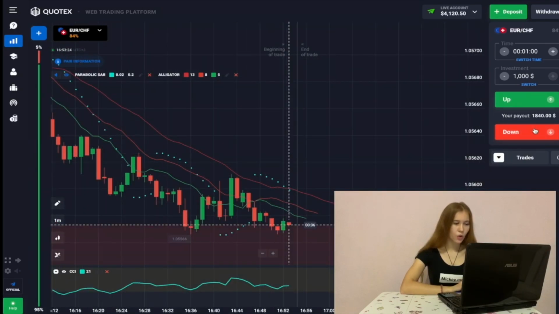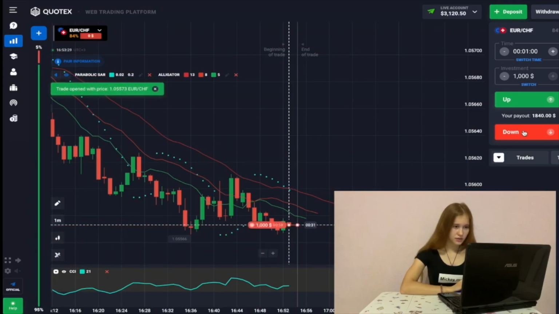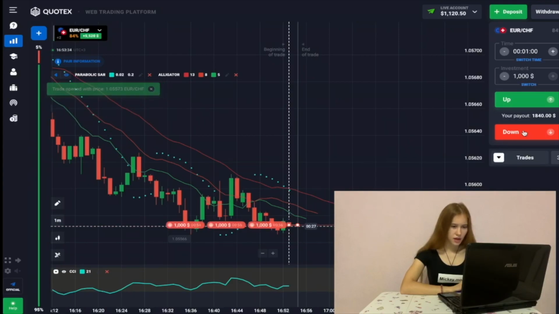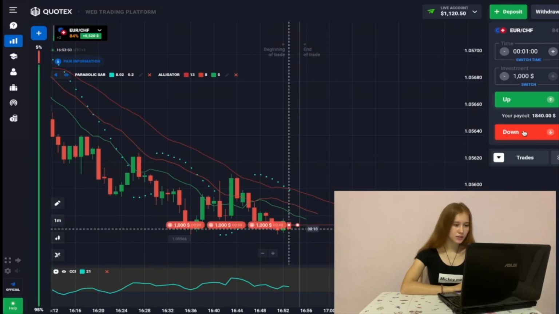Here we can open 3 deals. Since the trend, as we see now, is heading rapidly downward, we open our deals according to the trend indicated to us by the alligator indicator and the parabolic indicator, since we expect that our price will now reach the support level.